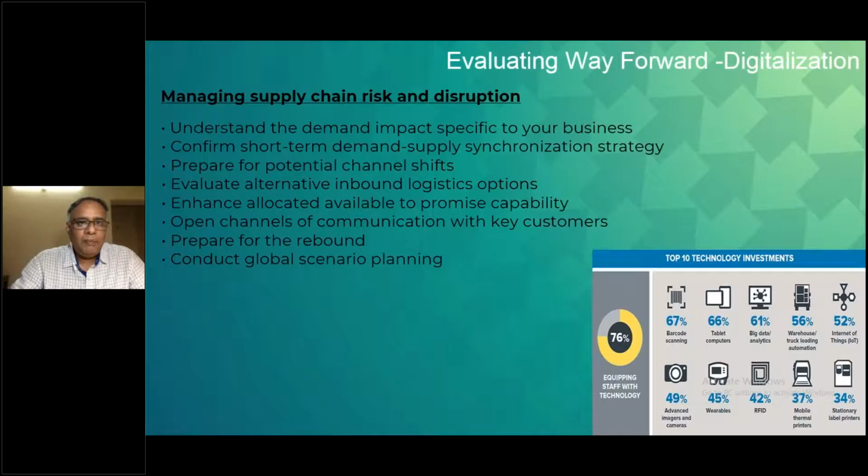In a supply chain or manufacturing setup, everything is required yesterday, not today. So that is how the whole scenario has evolved in the complete supply chain disruption, and how people have evolved and contributed.